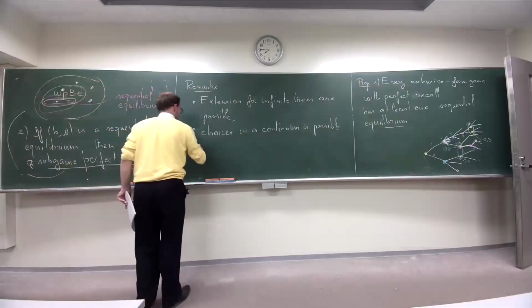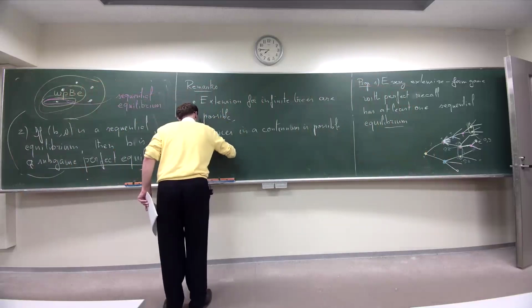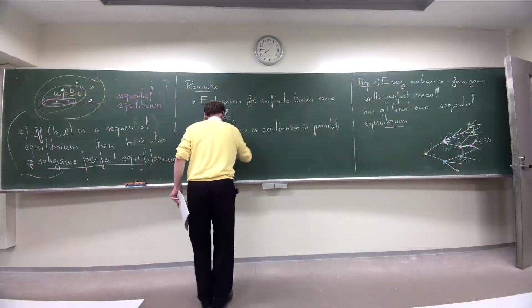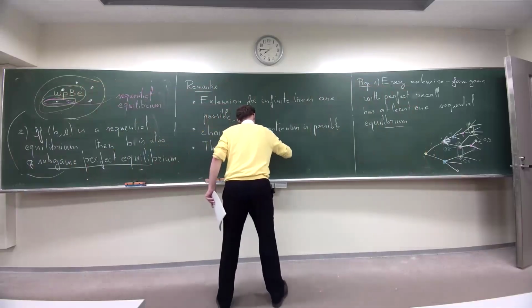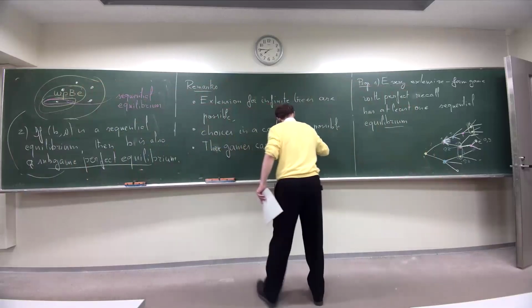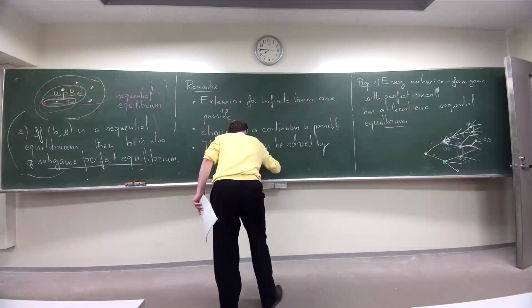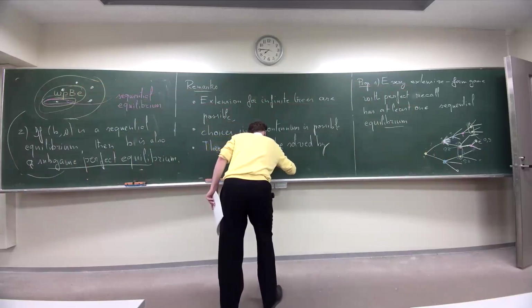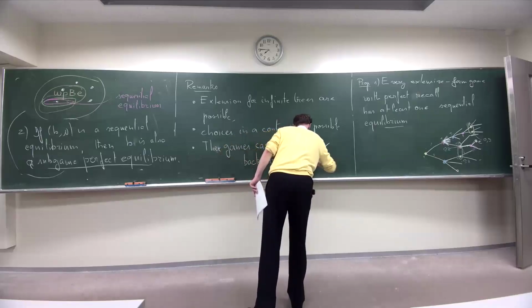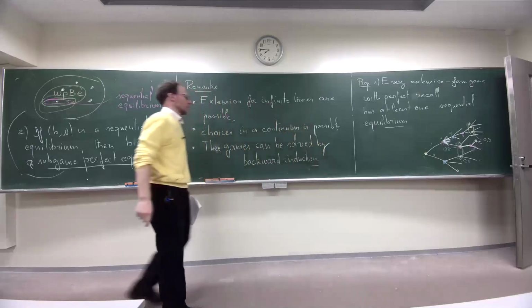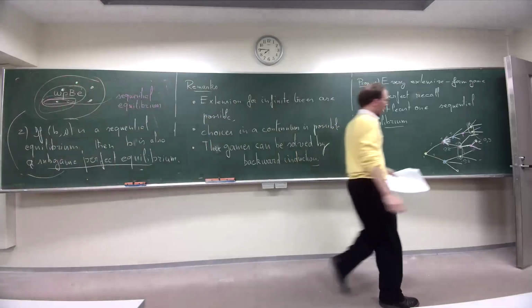And then these games can be solved by what is called backward induction. I already mentioned this last week, and there will be a report soon, but you also have to work by yourself, and there are many examples on the internet.